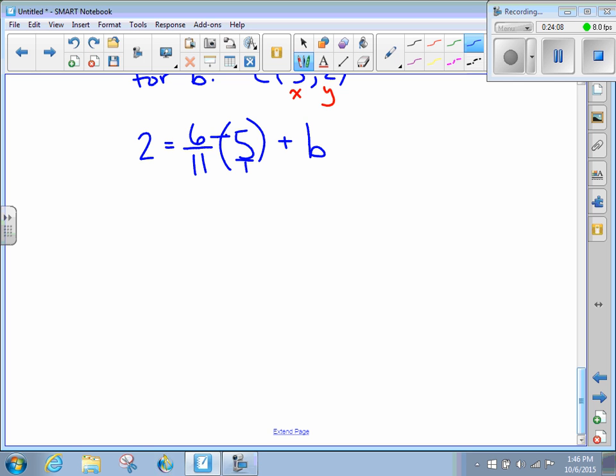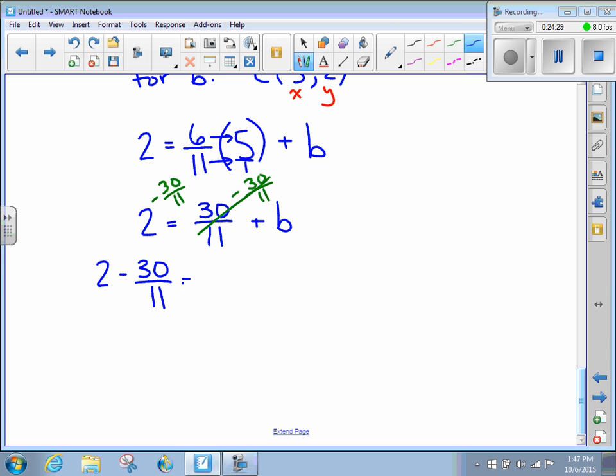So that's over 1, there's a little bit of that. We get 2 equals 30 over 11 plus b. We have to get b by itself. Subtract 30 over 11 from both sides. That's going to cancel out. So we get 2 minus 30 over 11 equals b.